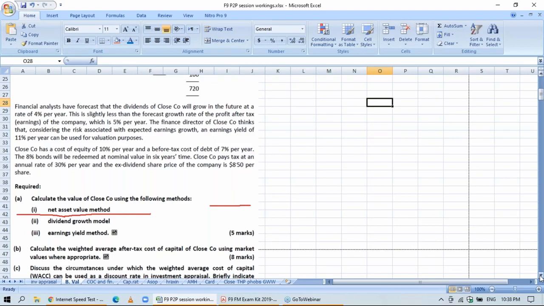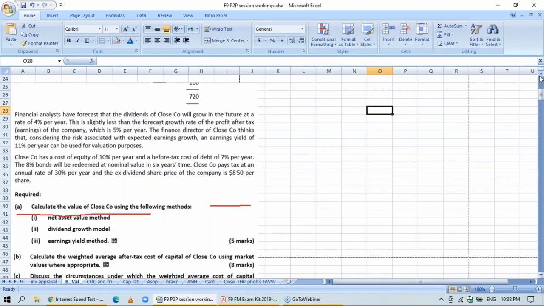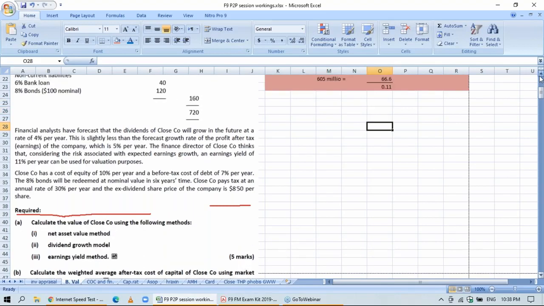So WACC is required. So let's calculate WACC again. Weighted average cost of capital.